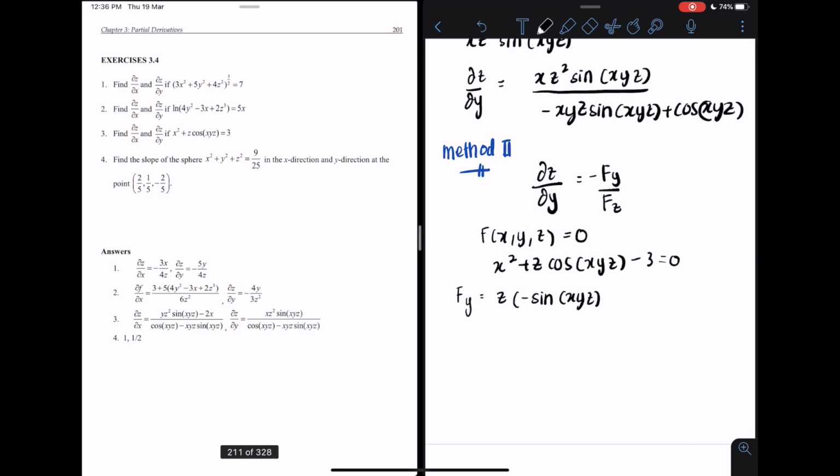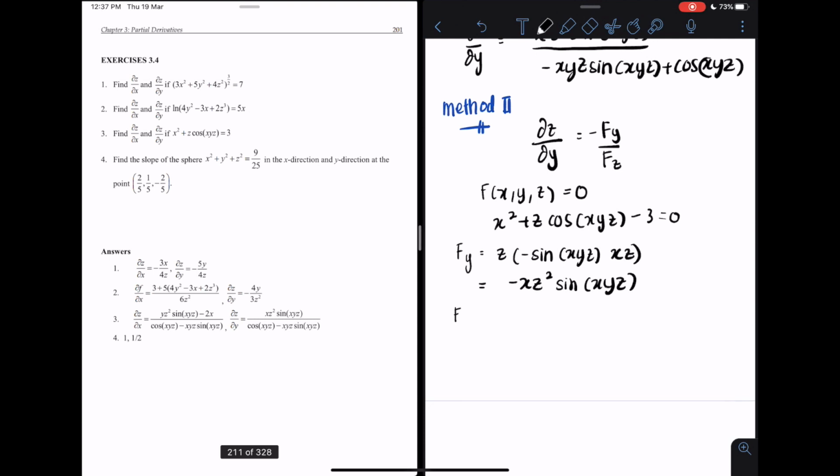Don't forget to always differentiate the argument of sine function with respect to variable y. You will get z. Okay, if I try to simplify the answer, I will get negative z squared sine xyz.